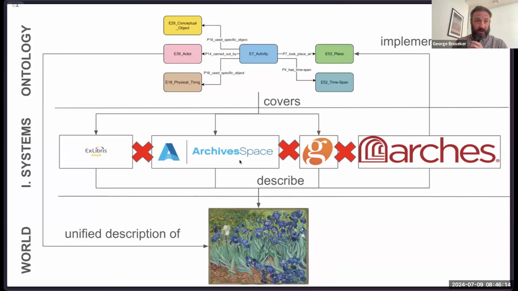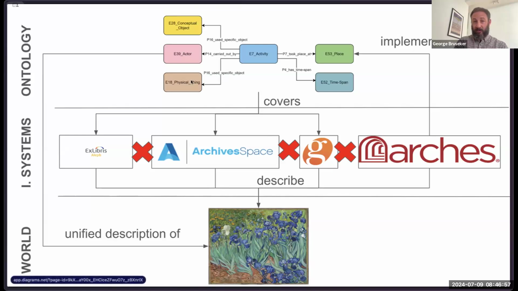What it aims to do is that in the real world, we're all working on describing actual things, cultural heritage objects that are objects of care, objects of conservation and concern and interest and argumentation, et cetera. And typically, we work in systems like Ex Libris for libraries, Archive Space for archives, TMS for museums, and all of those talk about the same object, but they're all different information spaces that have their own schema, and so they don't talk to each other, and they don't give us an overall world picture of what's going on with this real object.